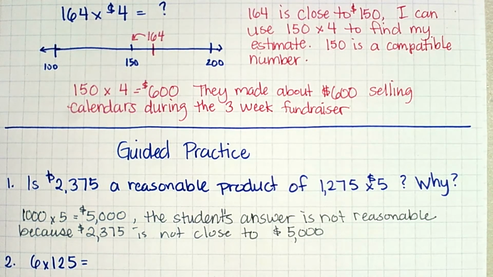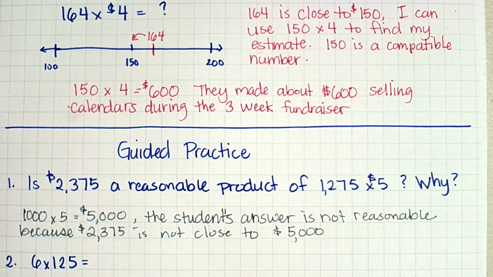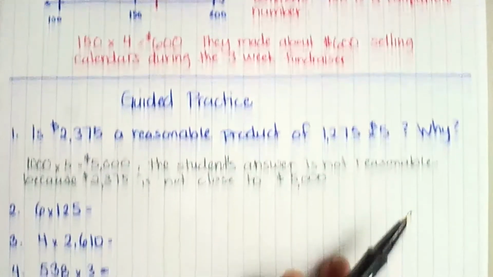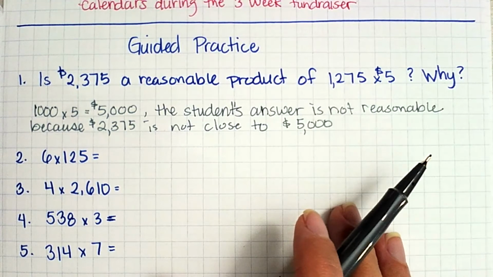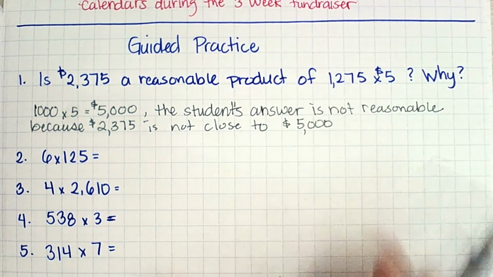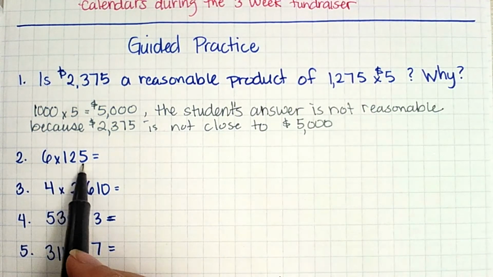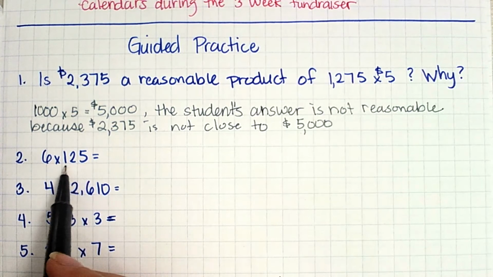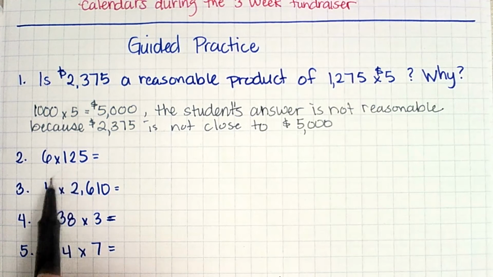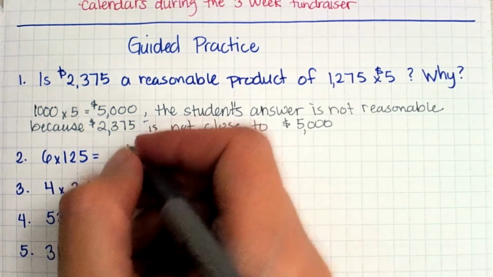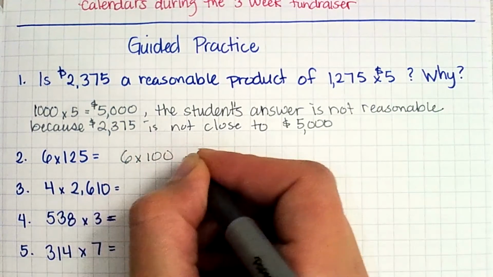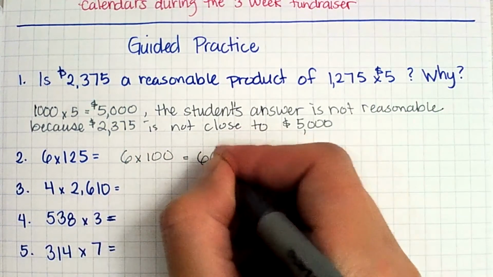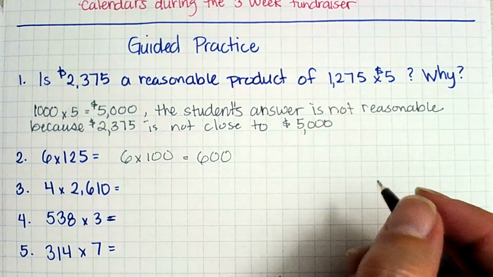Now for numbers 2 through 5, we're going to estimate the product. So we can estimate using rounding or using compatible numbers. So for this one, I can either round it to the nearest 100, or I can use 120 as a compatible number. So let's round it to the nearest 100. So let's make this 6 times 100. That'll give you 600 as your estimate.